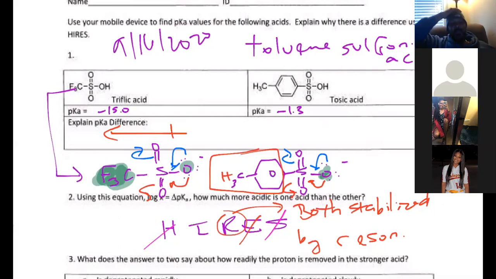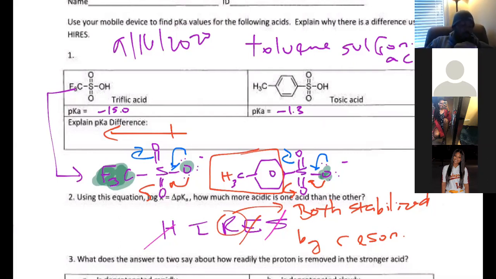All right. So how do we explain the pKa difference? What factors stabilize the conjugate base of triflic acid? Resonance and induction. What factors are stabilizing the conjugate base of toxic acid? Just resonance, right?